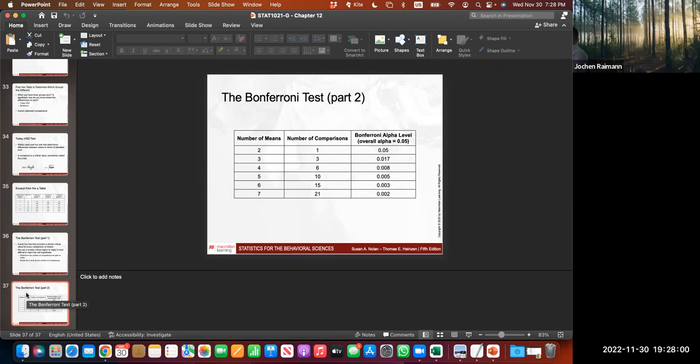So if you have 3 comparisons, the only p value that you will accept as significantly rejecting the null hypothesis of these 2 groups not being significantly different will be set at 1.7%, not at 5%. So basically you are lowering your alpha and the acceptable type 1 error rate with each comparison that you conduct. So that's the Bonferroni test. Any questions on Bonferroni?